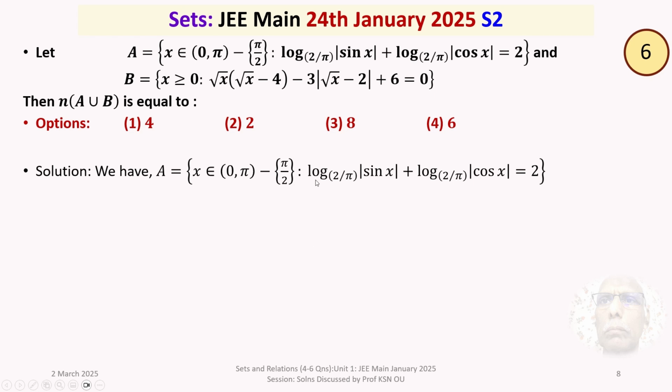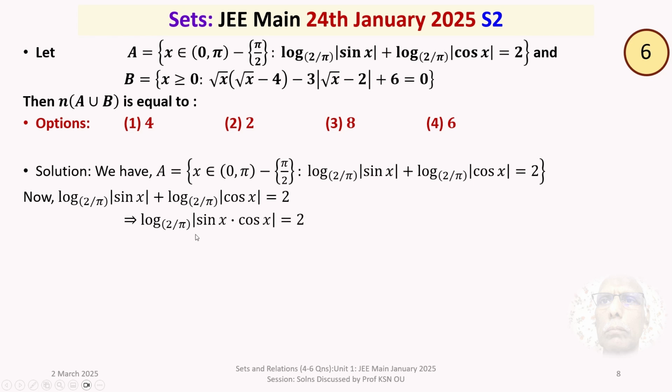And log of mod sin x to the base 2 by pi plus log of mod cos x to the base 2 by pi is equal to 2. First take this equation and solve for x. Log of A plus log of B is equal to log of AB. That will imply log of mod of sin x cos x to the base 2 by pi is equal to 2.